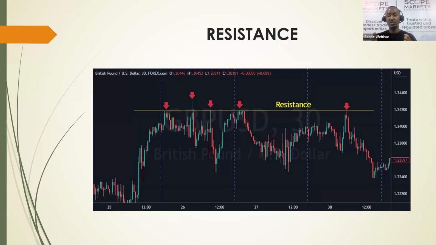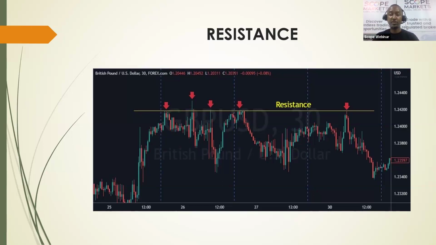The rejection candlesticks are the ones you want to see form at a point of resistance or support, so that you can confirm that the market has respected that area.